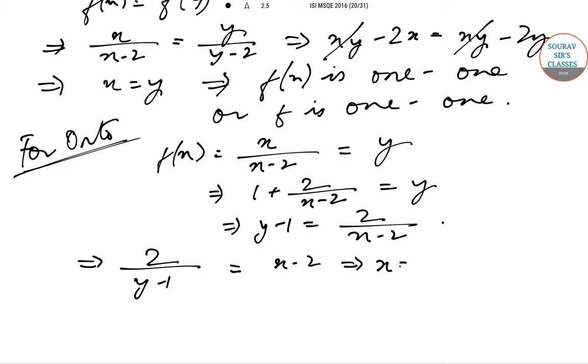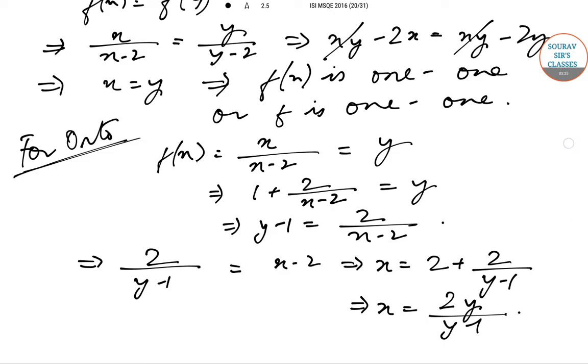So the value of x is 2 plus 2 upon y minus 1, that is, x is equal to twice y upon y minus 1.